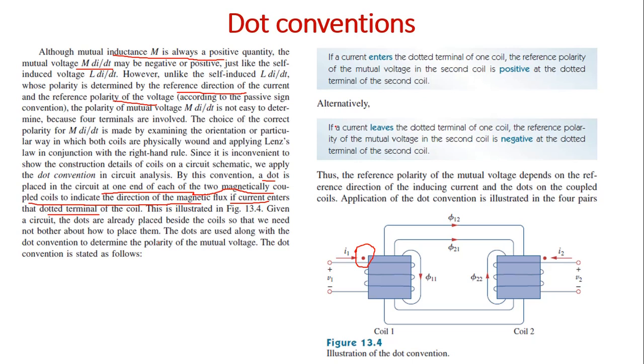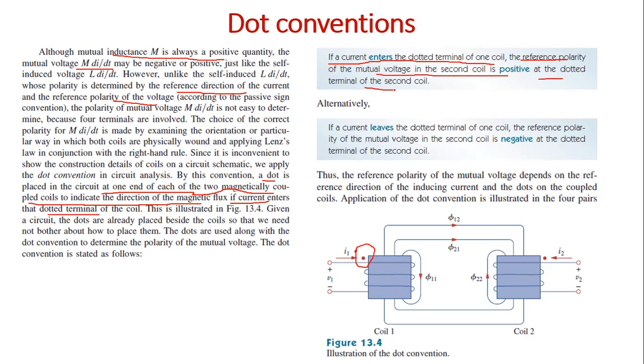Okay, so to do that we have two rules. The first one is, if a current enters the dotted terminal of one coil, the reference polarity of the mutual voltage in the second coil is positive at the dotted terminal of the second coil. We are talking about mutual inductance here, so we should have at least two coils, coil 1 and coil 2.